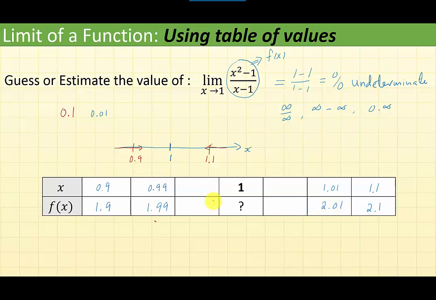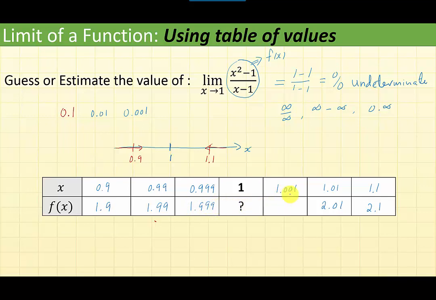Now let's get even closer, say 0.001 away from 1. So 1 minus 0.001 is 0.999, or 1 plus 0.001, which is 1.001. When x is 0.999, I got f of x is 1.999.